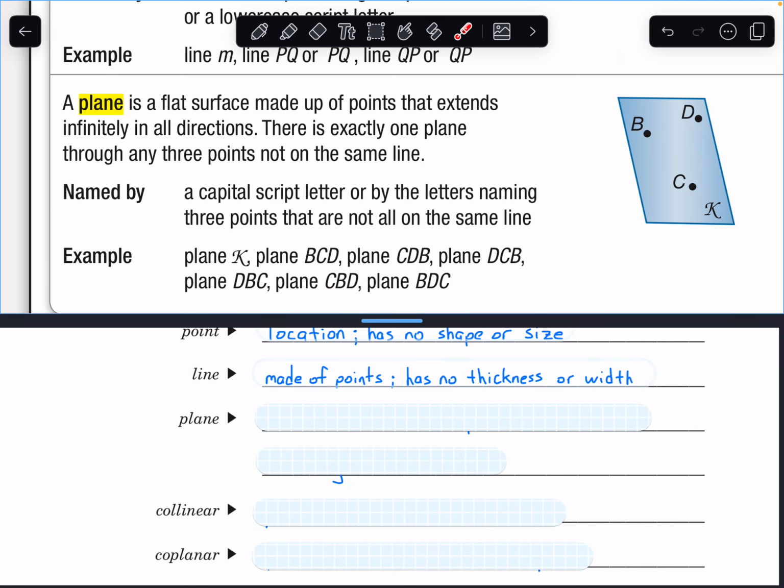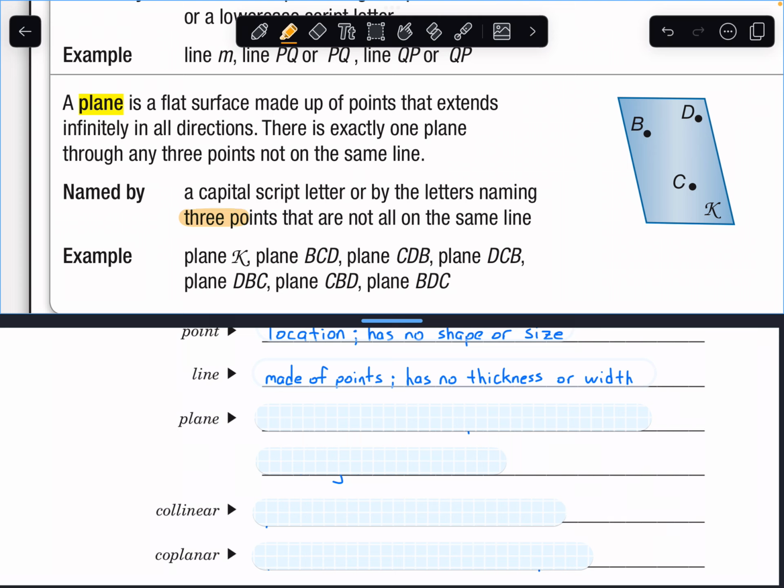Don't make a perfect rectangle. Give it a parallelogram shape, give it some angle there so it looks like you're looking down at a sheet of paper lying on a desk, at a slight angle. We will name the plane by a capital script letter or letters naming 3 points that are not all on the same line. That is important, and I will need to emphasize that.